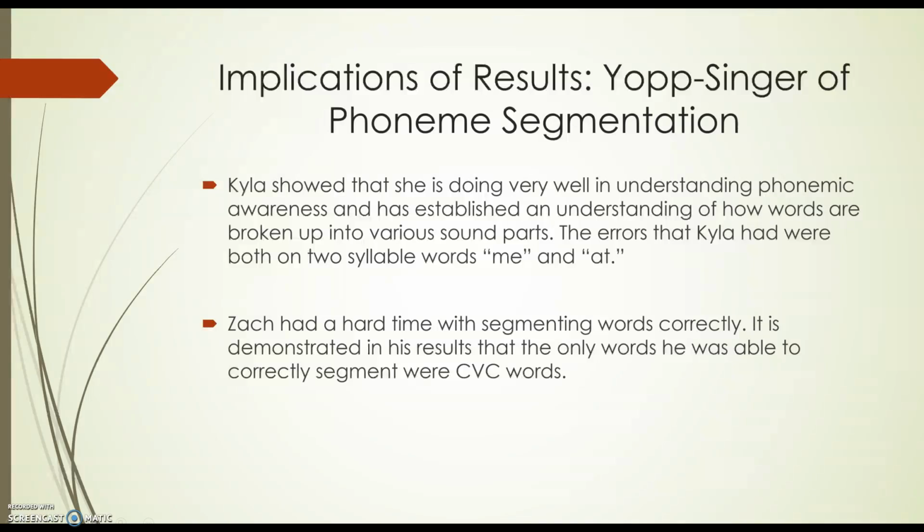He knew that both of these words were 4-letter words, therefore he wanted to segment the words into 4 separate parts. So he, again, is going back to knowing his letter names and knowing his letter sounds, but he is not able to find familiar chunks and put them together. So that was demonstrated in this assessment as well with him.